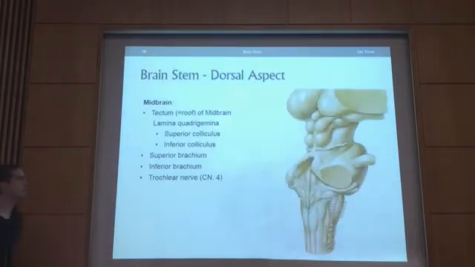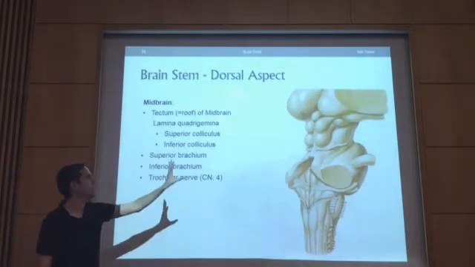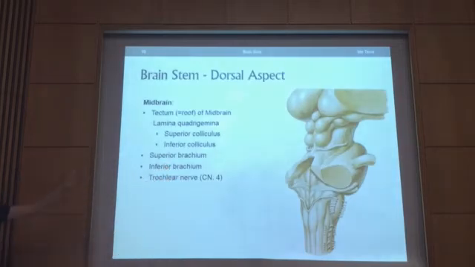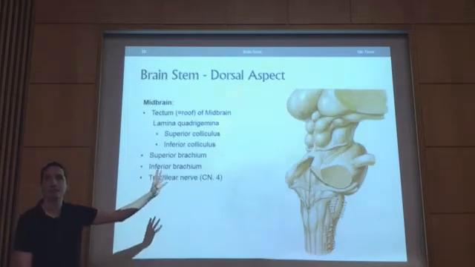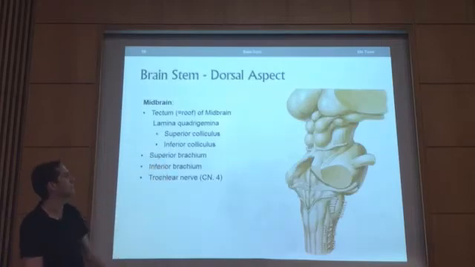This image is the same brainstem, just shifted a bit to the side. I can't say it's a complete dorsal or ventral aspect, and it's not the lateral aspect either. It's just shifted about 20 degrees to the side.